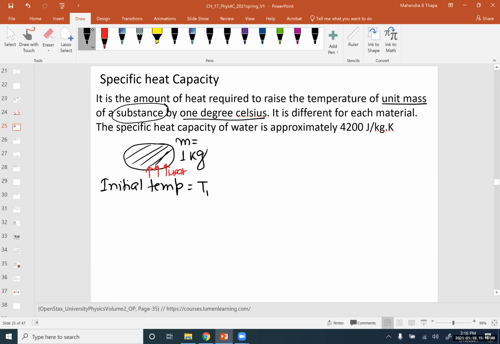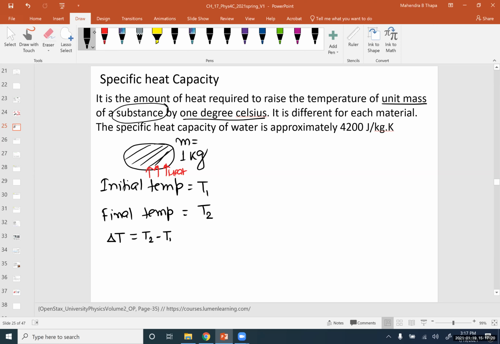Then say its final temperature is T2. Then you can write the change in temperature as delta T equals T2 minus T1.